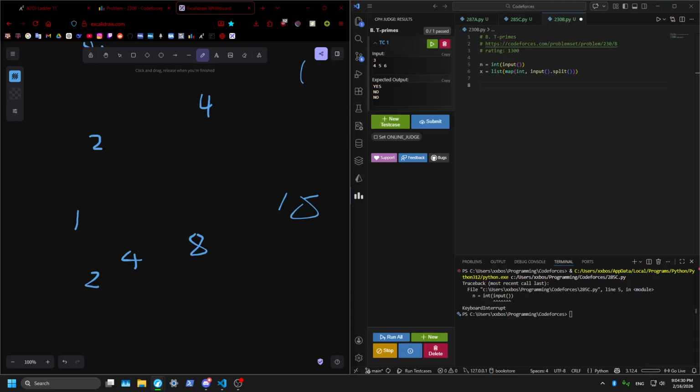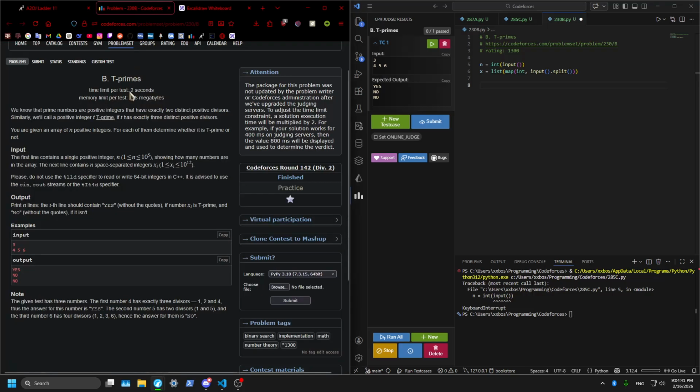What other... Like, I'm thinking about just brute force, but n squared, 10 to the 12th, can't really brute force that.